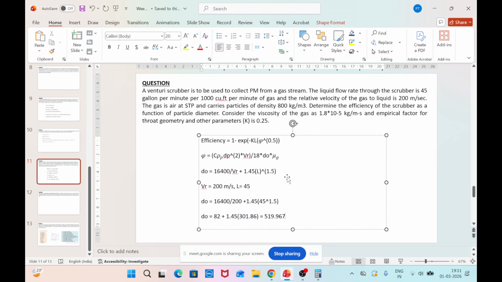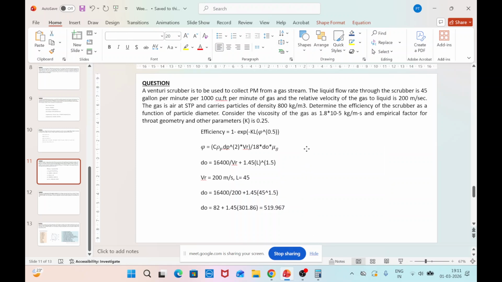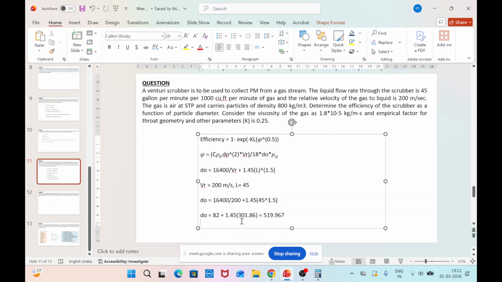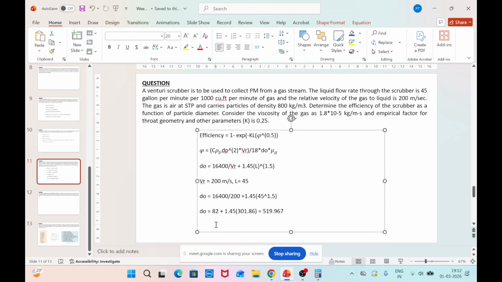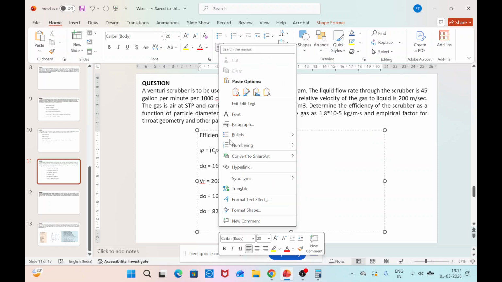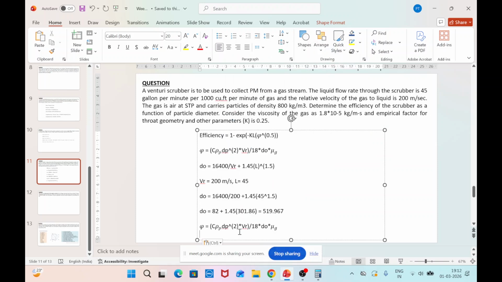Now we substitute this expression here. We know Vr is 200.